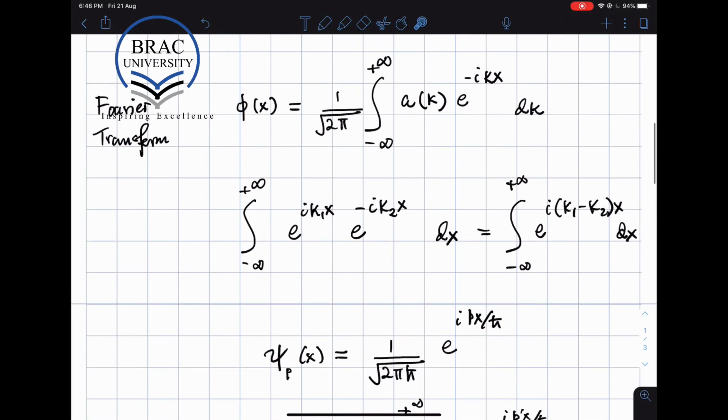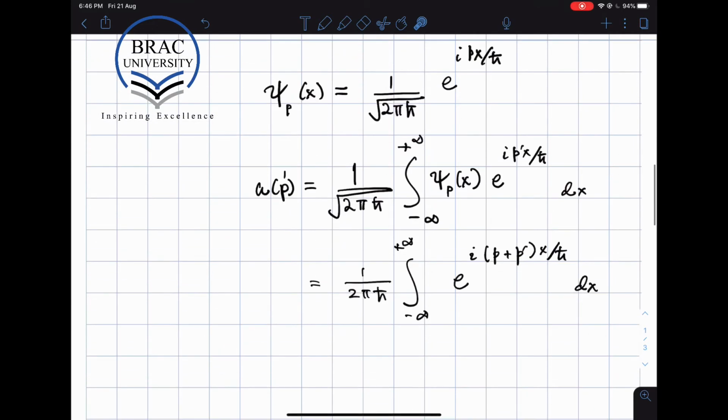This integral is exactly this integral, apart from a minus sign. Well, since we took the values of K1 and K2 to be real, so that they can be either positive or negative, this expression and this expression are exactly the same.